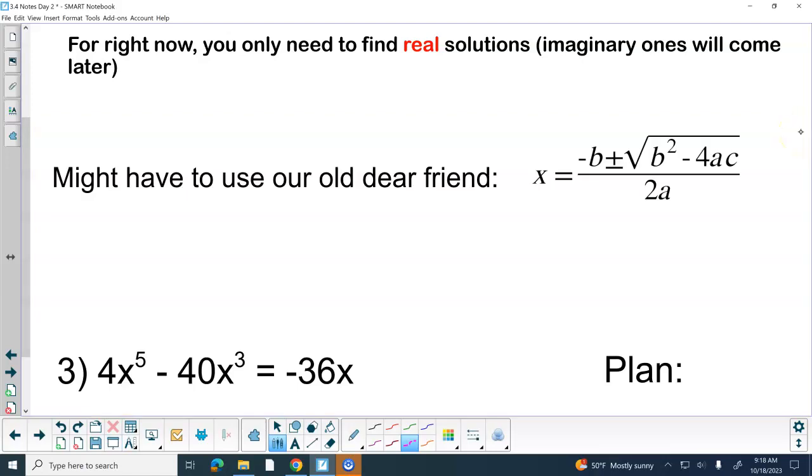So we will have our dear old friend to be used, the quadratic formula. I know, I'm sorry to be the bearer of bad news. But if you don't have the quadratic formula memorized, you should probably, at this point in time, just get it memorized. It works. It works on all of them. Okay? And it for sure works when you can't factor. I know, I'm mean. I am the meanest.